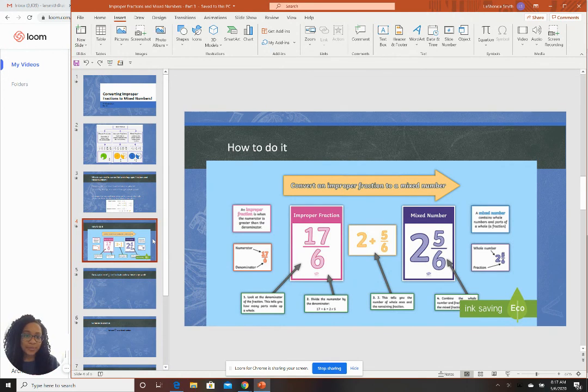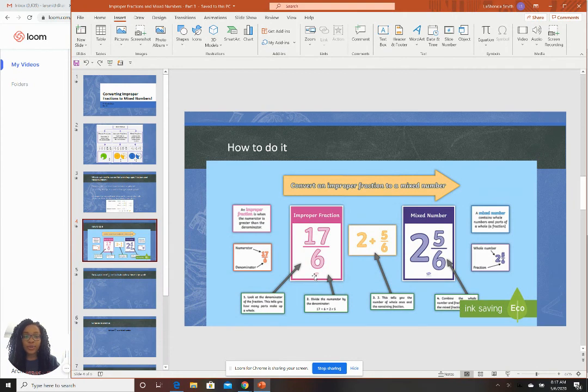So how do we do it? When you're converting an improper fraction to a mixed number, you're going to be incorporating some division. We know that an improper fraction is when the numerator is greater than the denominator, and we know that this is the numerator and this is the denominator.